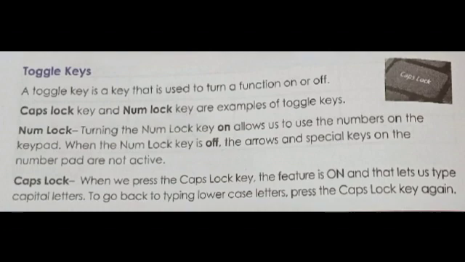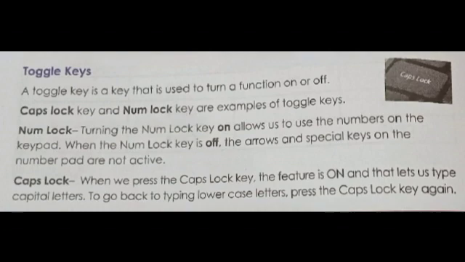For example, caps lock key and numlock key are examples of toggle keys. Numlock key. Turning the numlock key on allows us to use the numbers on the keyboard. When the numlock key is off, the arrows and special keys on the number pad are not active.